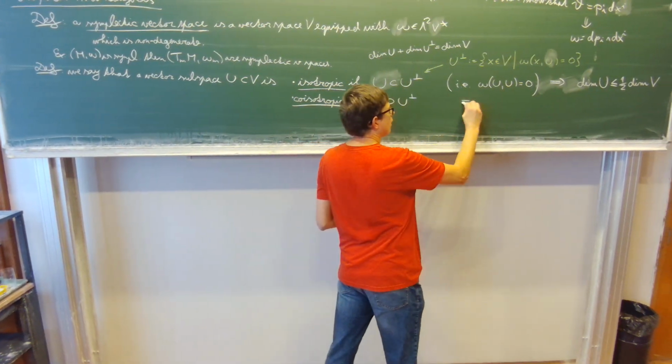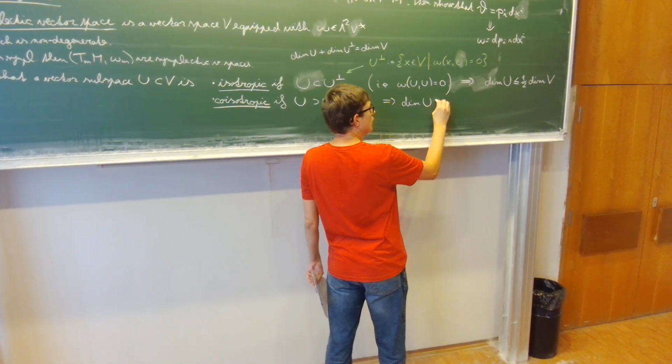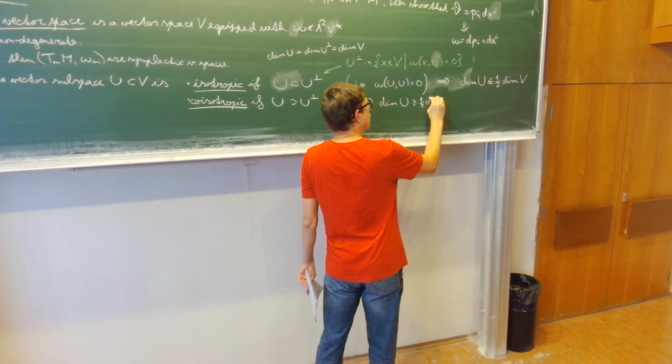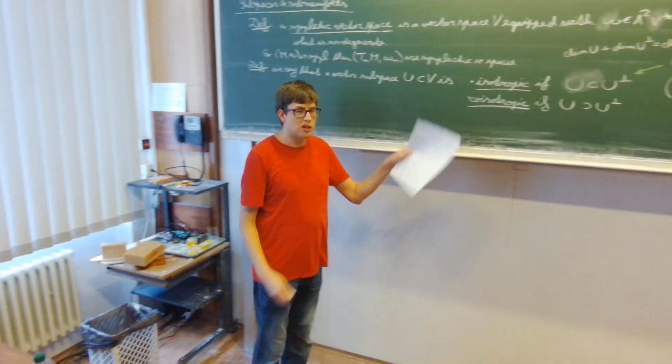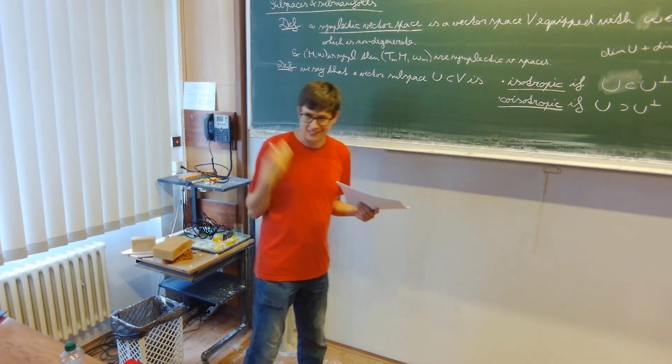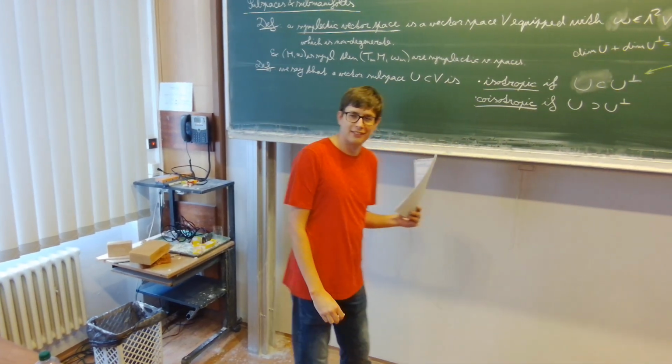And this in particular implies that the dimension has to be larger than half of the dimension of V. So things to remember: coisotropy is big and isotropy is small. It's a useful mnemonic.